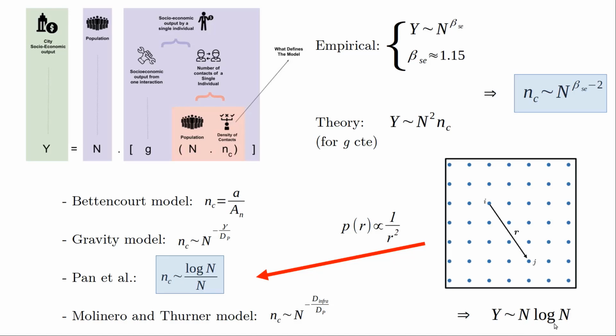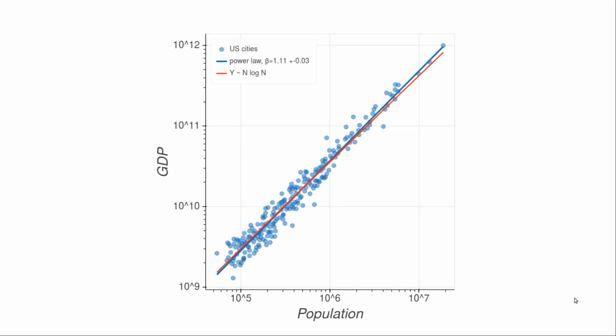And what is interesting is that when I plot, for example, the power law here in the blue line and the N log N in the red line, you can see that both of these equations are good enough to describe the empirical data, right?